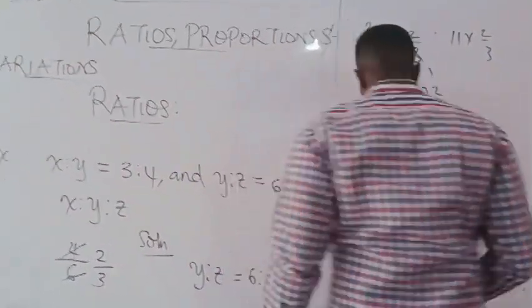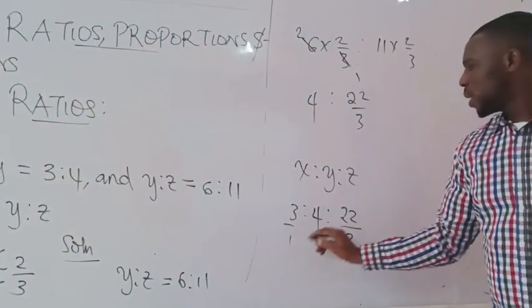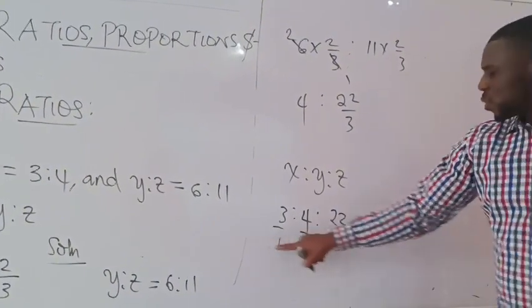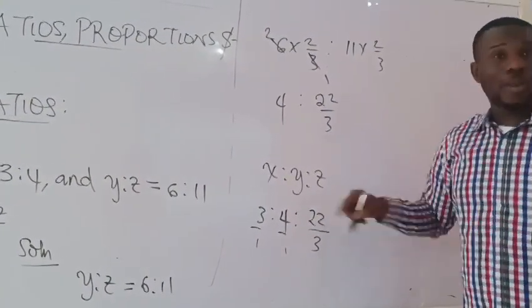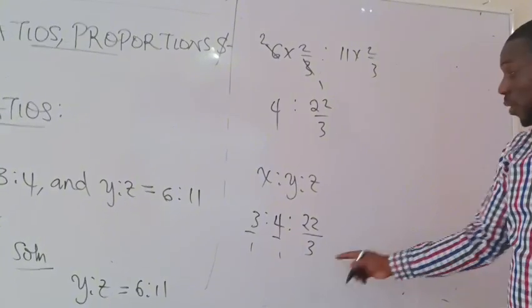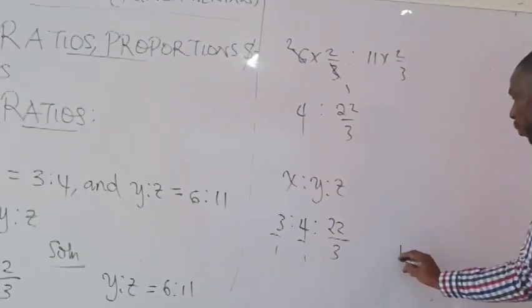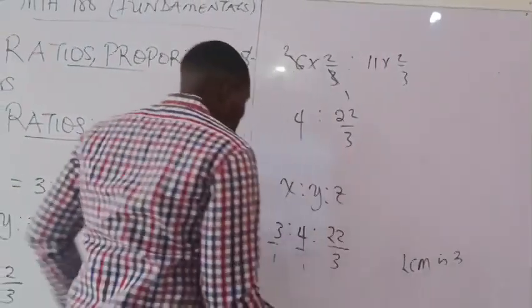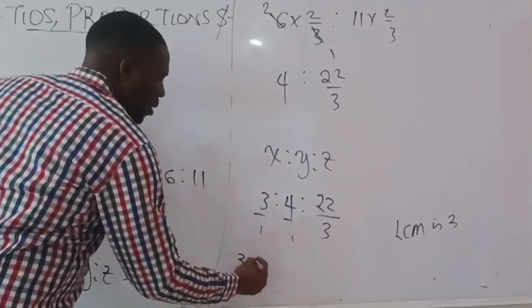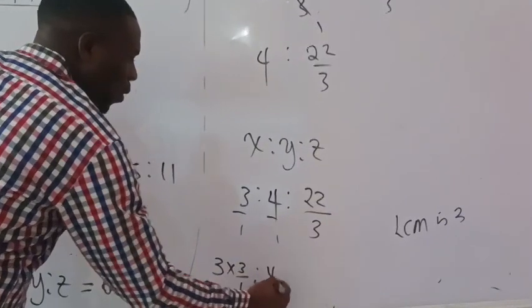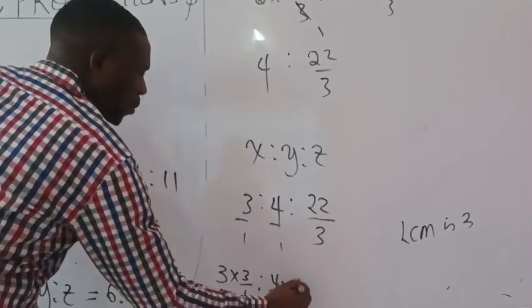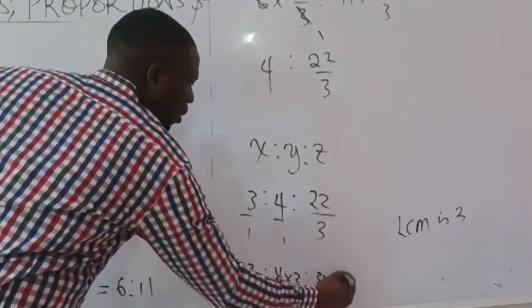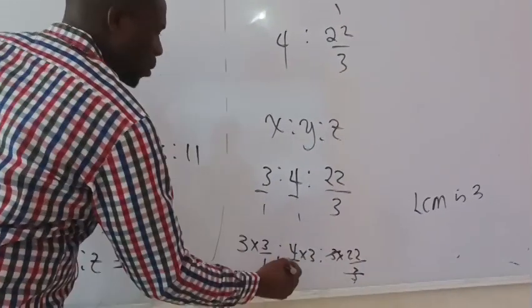This is over 1 and this is over 1, but I have to clear this fraction. So I multiply by the LCM, and the LCM of 1, 1 and 3 is, I mean, it's 3 rather. So I multiply by 3, and 3 times 3 over 1 is 9, 4 times 3 is 12, then 3 times 22/3, this 3 cancels, giving 22.